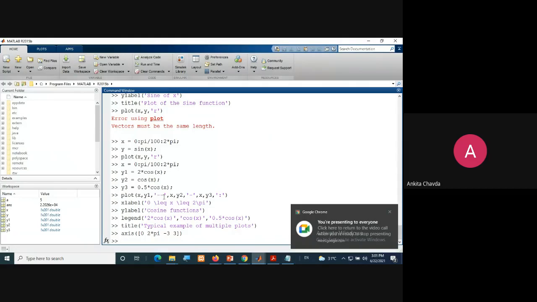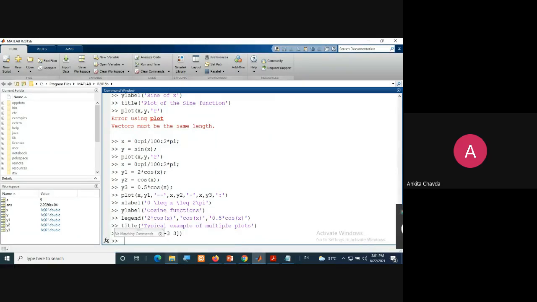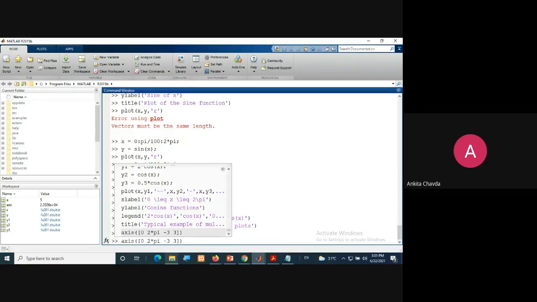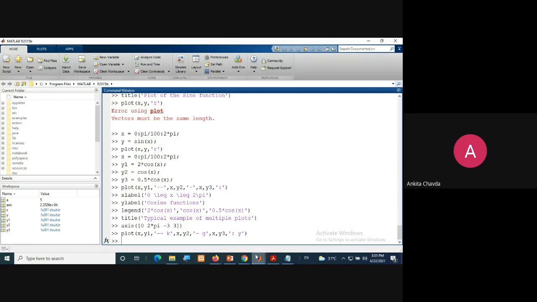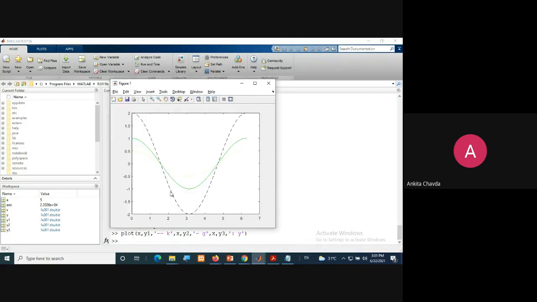So what I need to write here, something, suppose K. Yes, here. And we can change with K, or here I'll write green, or here it's yellow, right? Will it work? Let's check.